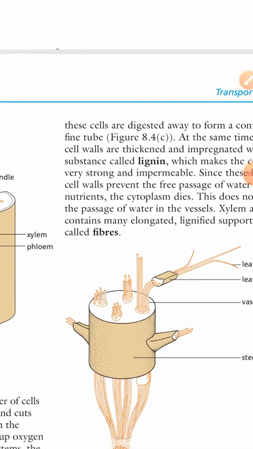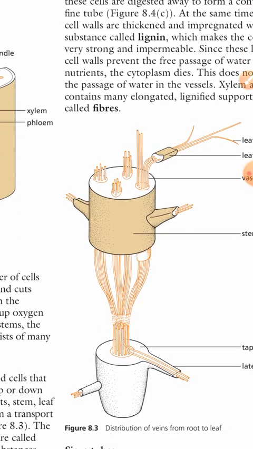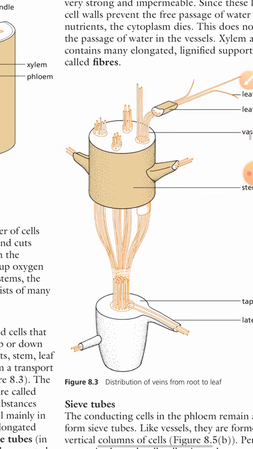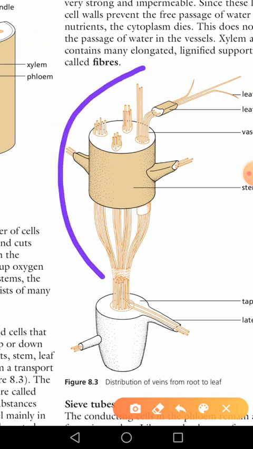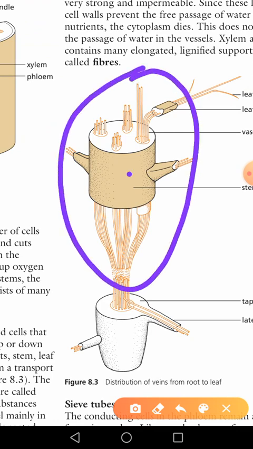Look at it. So, the distribution of veins from root to leaf. Look at this structure. This is the stem, and the longitudinal section of the stem is shown.